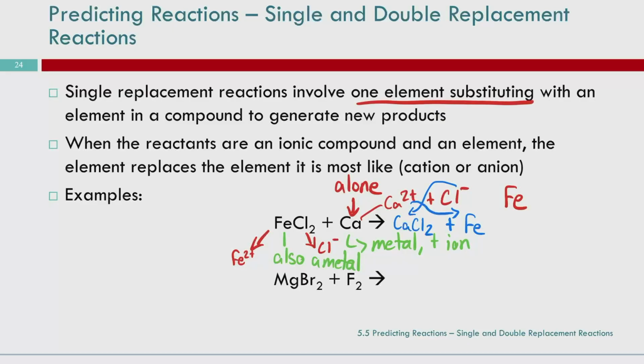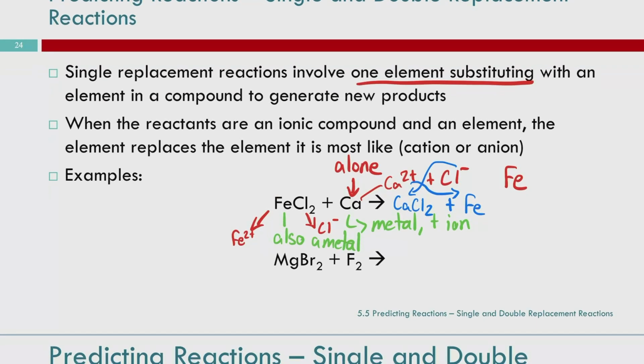In our second example, we've got magnesium bromide. Our magnesium, normally a 2 positive charge. Our bromide, Br minus. Bromine's a halogen. It's always going to form a 1 negative charge. We've got that reacting with fluorine gas.